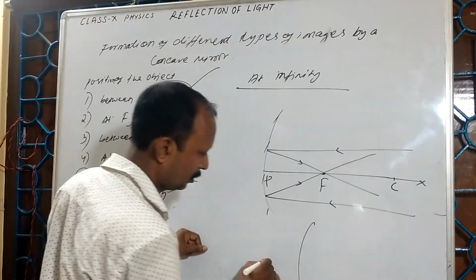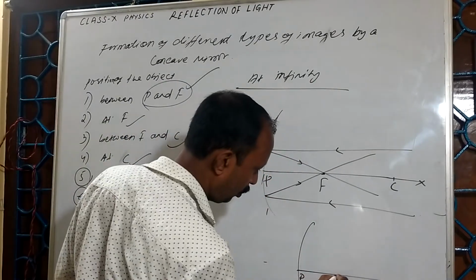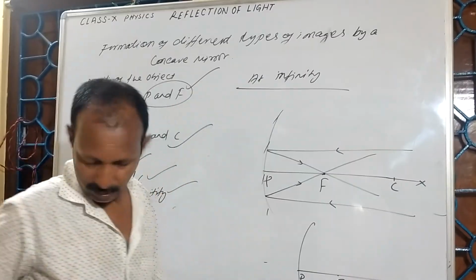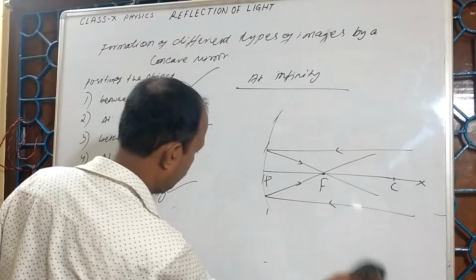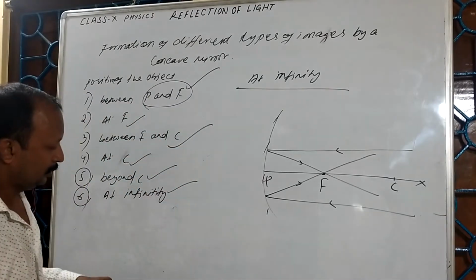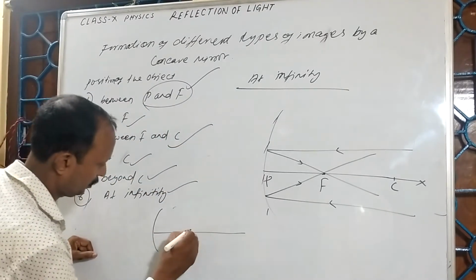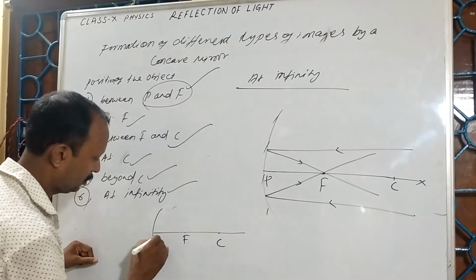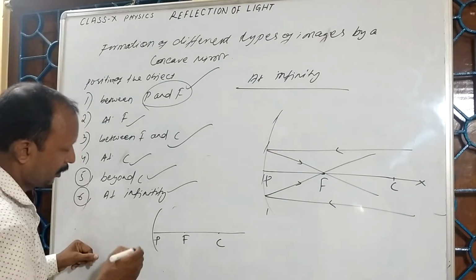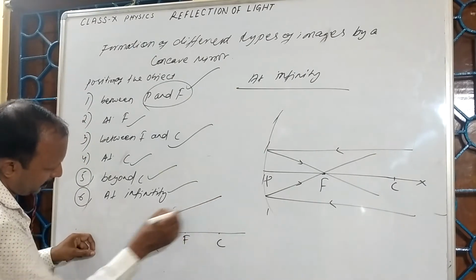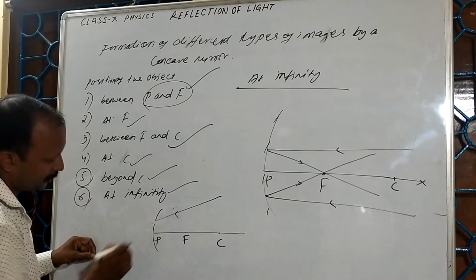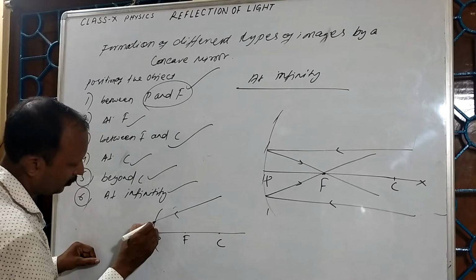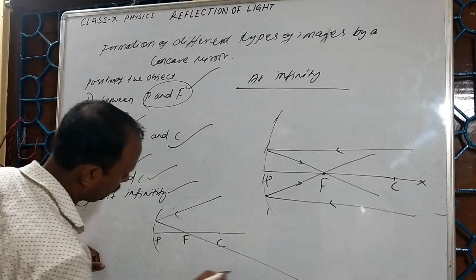This is the reflected ray, this is the reflected ray. Suppose this is the pole, this is the focus. I think it will not appear here. See here. This is the focus, this is the center of curvature, this is the pole. Suppose a light ray came like this, no matter. This is the incident ray. We can draw one normal. It will also reflect.